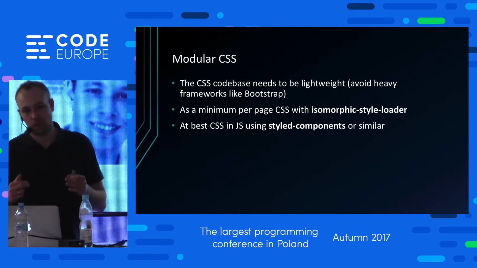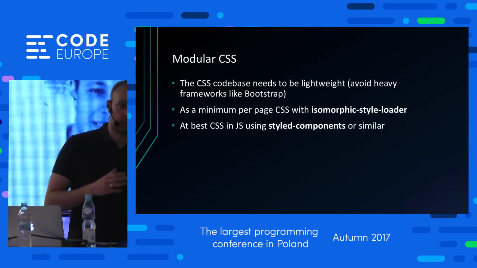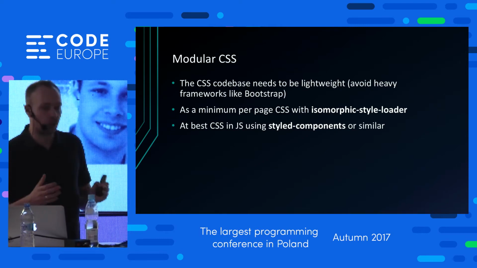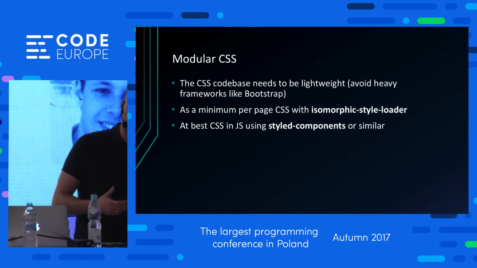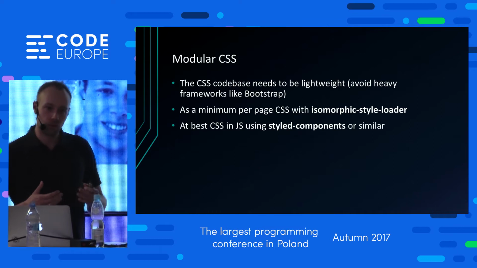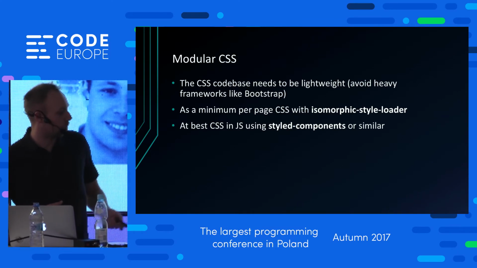So basically, same concept as chunking. Each page has its own CSS, and only this is loaded as the critical thing that needs to be served to the user to have a viewable page.